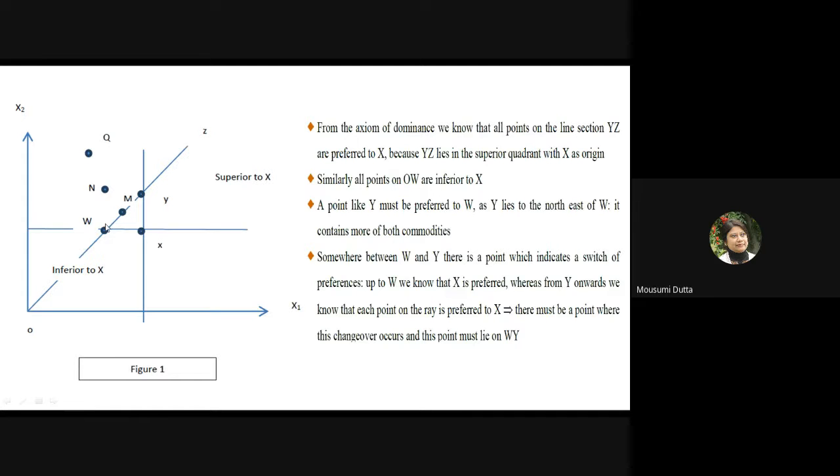In context of W, we find that W is not preferred to X, and Y is preferred to X. Now, if the gap is very small, definitely there is a point at which the changeover occurs from not preferred to preferred. So I can have a point in the neighborhood where there is indifference.